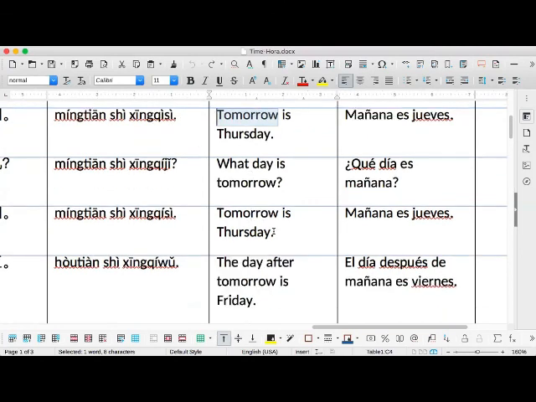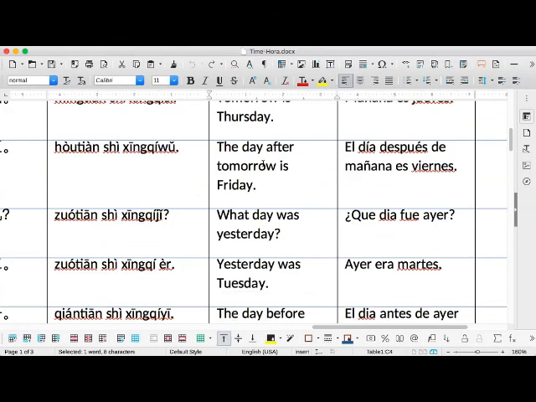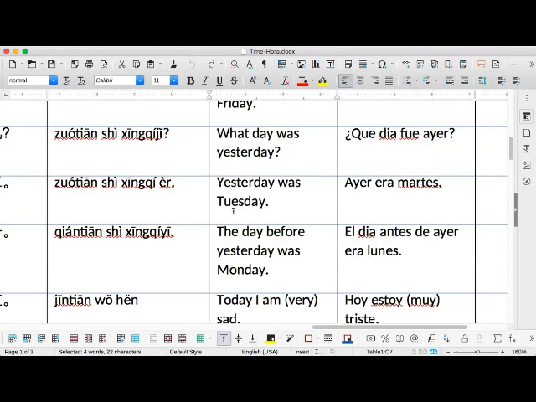After that, you tell us the day after tomorrow. You ask, what's the day after tomorrow? And then you tell us. You tell us yesterday. What was the day yesterday? You ask yourself the question.